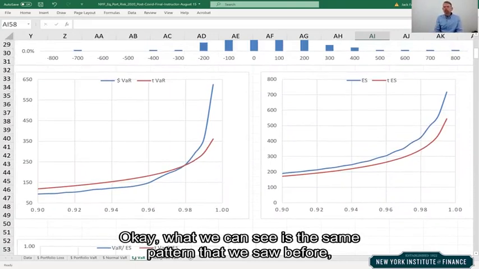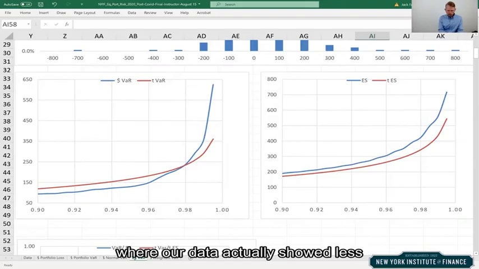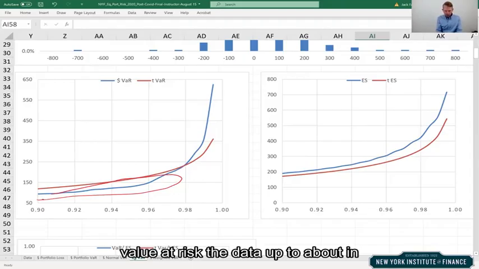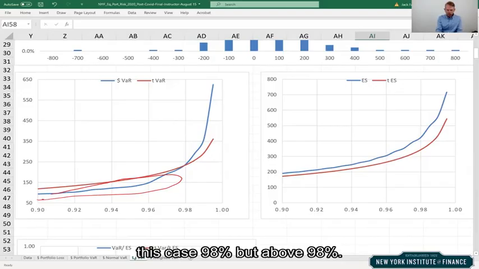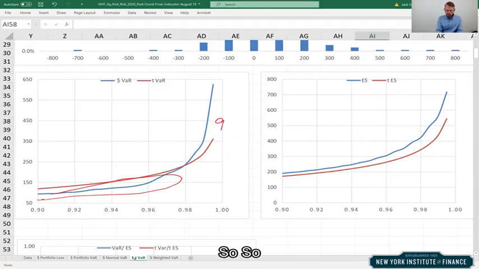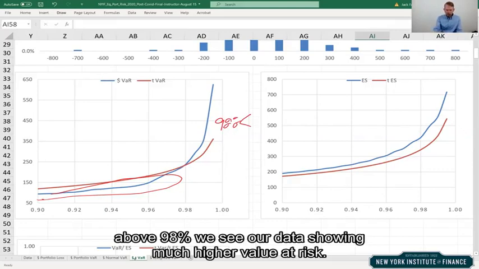What we can see is the same pattern that we saw before, where our data actually showed less value at risk for the data up to about, in this case, 98%, but above 98%, we see our data showing much higher value at risk.